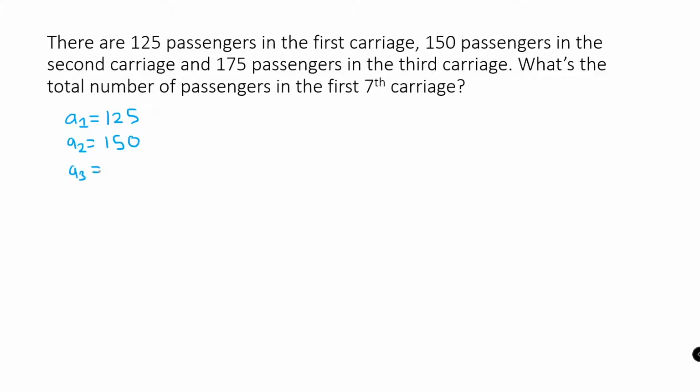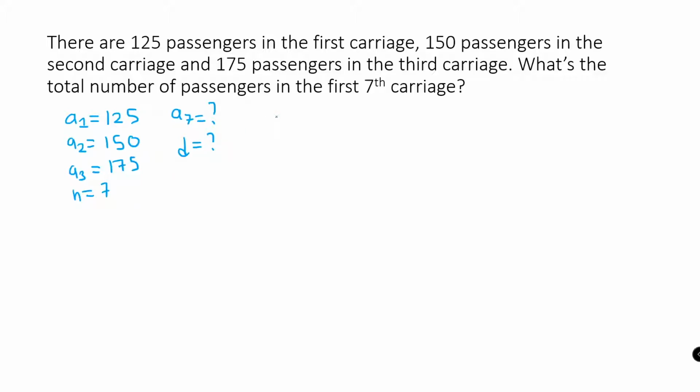A3 is equal to 175. So we know what n is because n is equal to 7. We don't know what A7 is equal to. We don't know what S is equal to. So we should find D first.